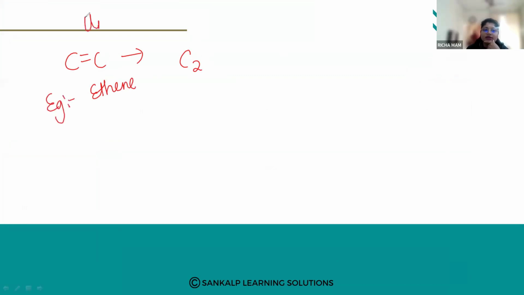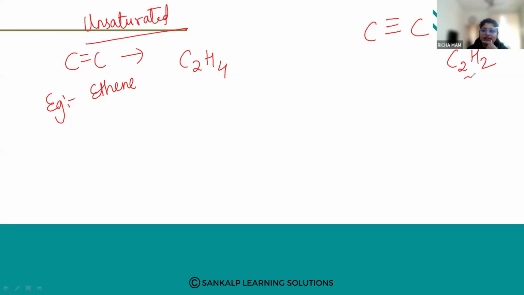They come under unsaturated compounds. So when you have a carbon-carbon double bond, it is called ethene, and the example is C2H4. And when you have a carbon-carbon triple bond, the example is ethyne, C2H2. So let us write the structures of these.